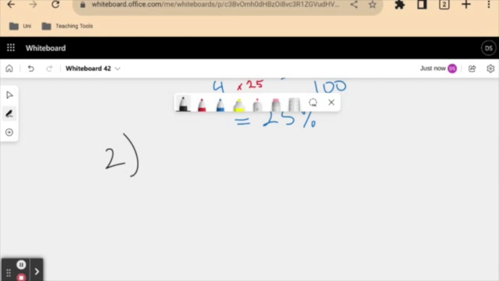Any two quantities can be represented as fractions or percentages. So for this last example, let's find 30 centimeters as a percentage of 3 meters.